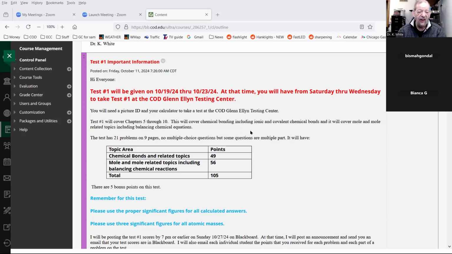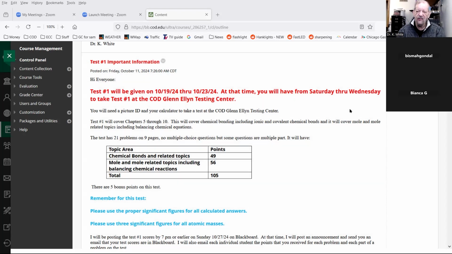Test one will cover chapters 5 through 10, and this covers chemical bonding, including ionic and covalent bonds. It will cover mole and mole-related topics, including balancing chemical equations. The test has 21 problems on 9 pages.